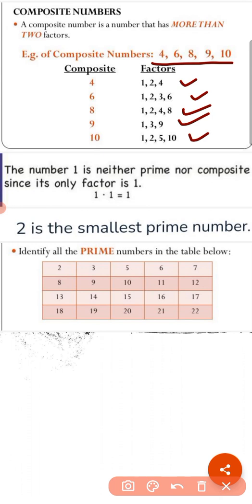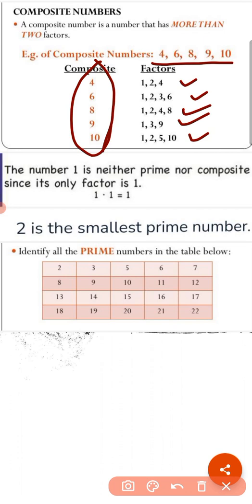So these numbers have more than 2 factors. The number 4 has 3 factors. The number 6 has 4 factors. The number 8 has 4 factors. The number 9 has 3 factors. And the number 10 has 4 factors. So these numbers are composite numbers.